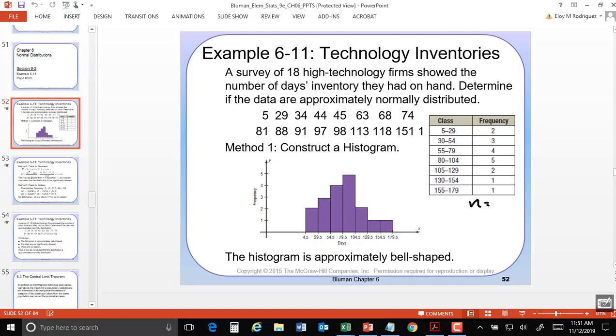Which would be, let's see, 5 and 5 is 10, and 16, 17, 18. Yeah, 18. So there it is. Now, if I take every one of these tallies and divide by 18, I got probabilities. I have a histogram. And it looks kind of bell-like. So we'll say approximately bell curve. Gives us an idea of what the population might be. Okay, so let's go next.